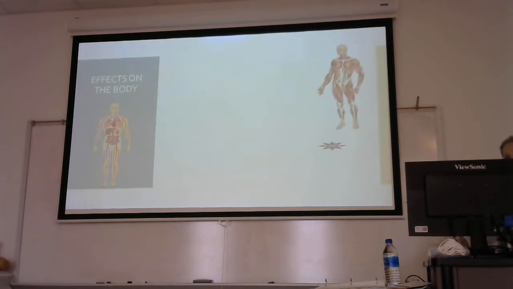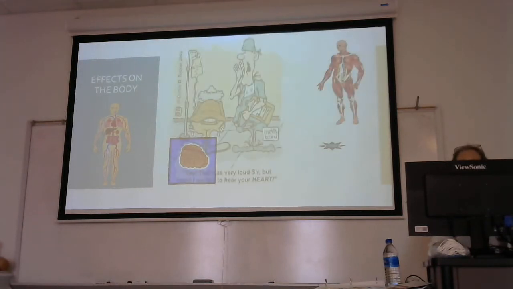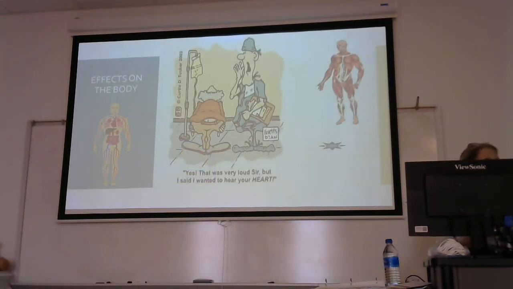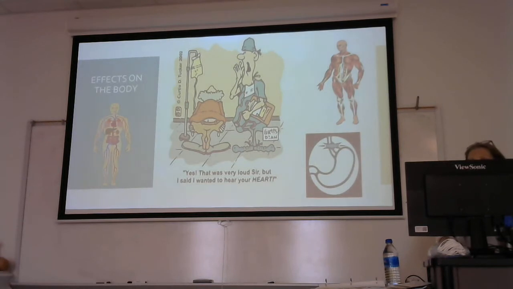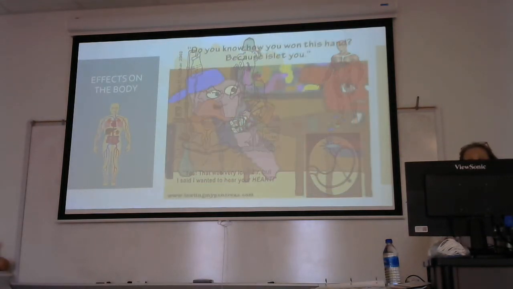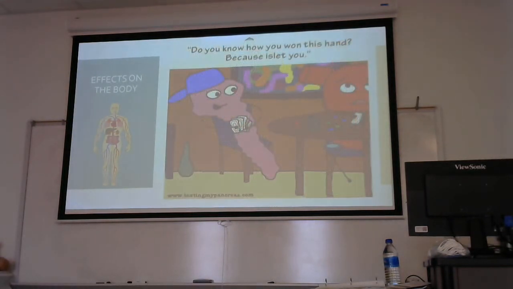So the nerves are affected, our muscles are affected, our brain is affected, our heart is affected, and the pancreas, the gastric and our pancreas. Okay?